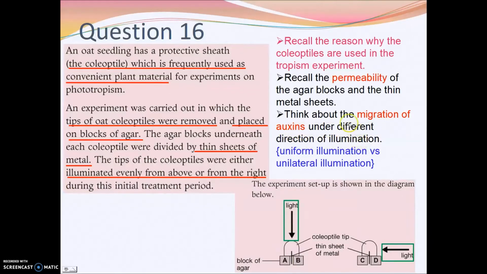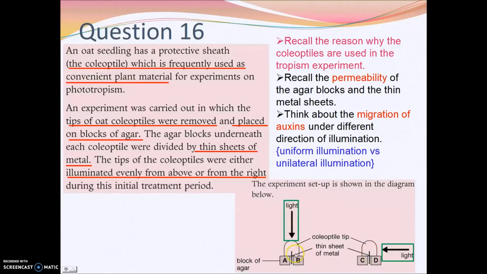So that's why I want you to think about the migration of the auxins under the different directions of illumination. And also, why do we insert the metal sheet? Because I also want you to think about the permeability of the agar block and the thin metal sheet. That means whether the auxin can diffuse into the agar block or diffuse across the metal sheet.